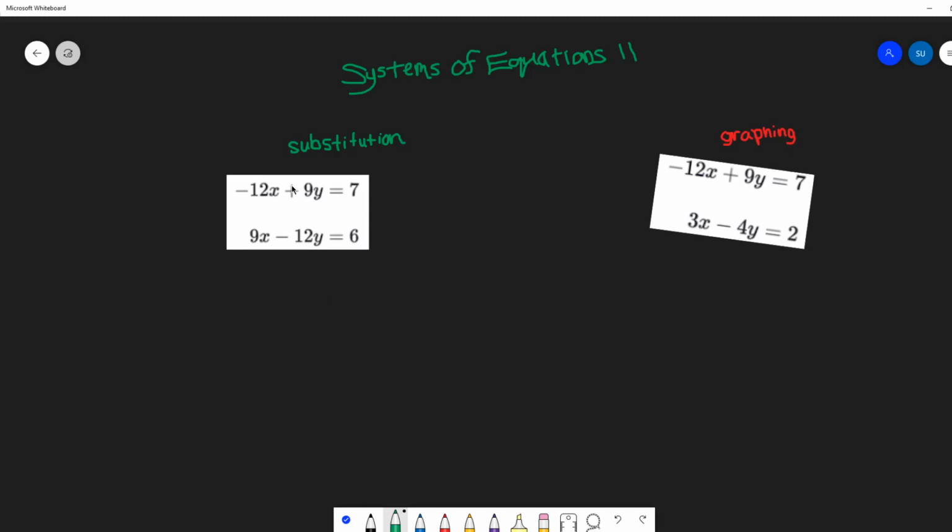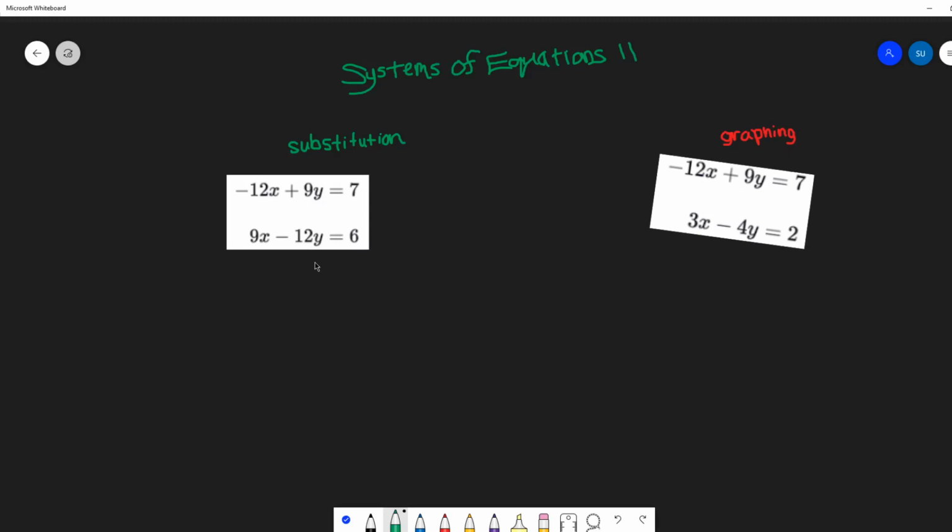So if we were to start with negative 12x plus 9y equals 7, for example, this is a situation where you would want to use substitution, because the advantage that substitution has over elimination, which we went over in my last video, is that you don't have to manipulate one of the equations in order to start eliminating. You can just start straight off the bat with one of the base equations and then find the value of one of the variables, then plug it into the other one.